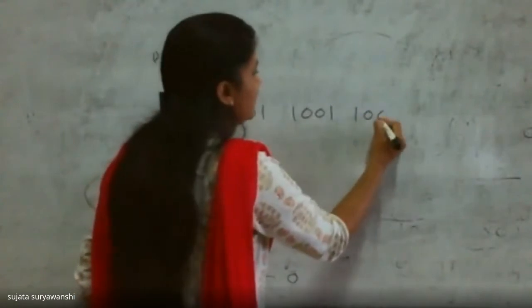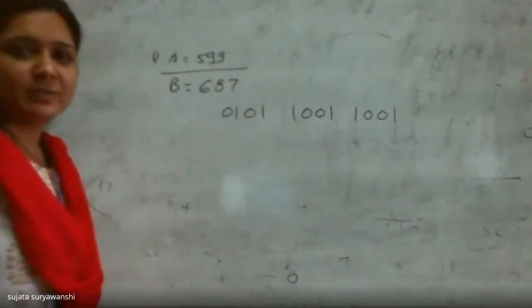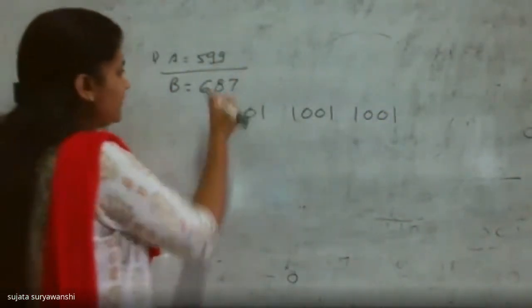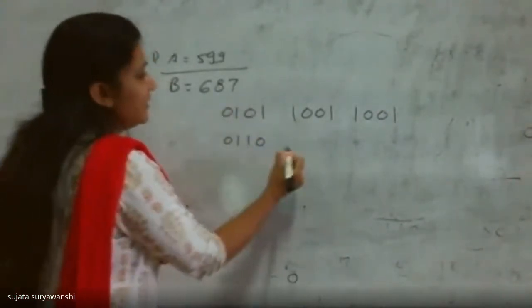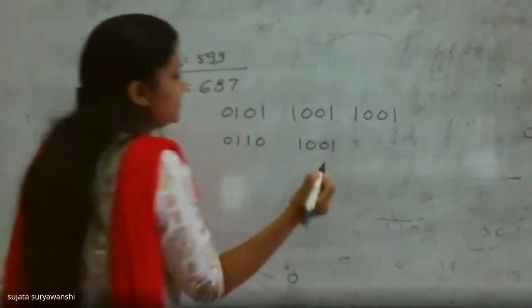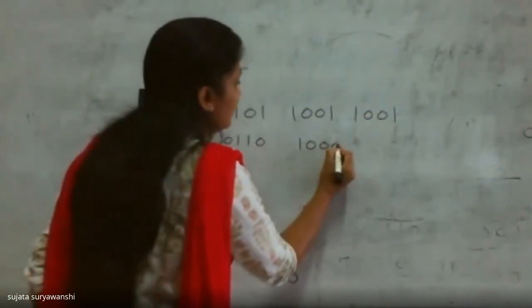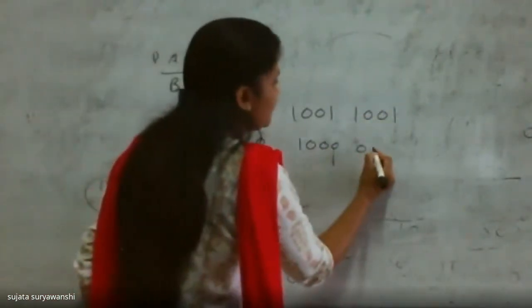Again, 9 is there, so represent it in binary format. After that, 6 can be represented by 0110. Then 8 can be represented by 1000, and 7 can be represented by 0111.